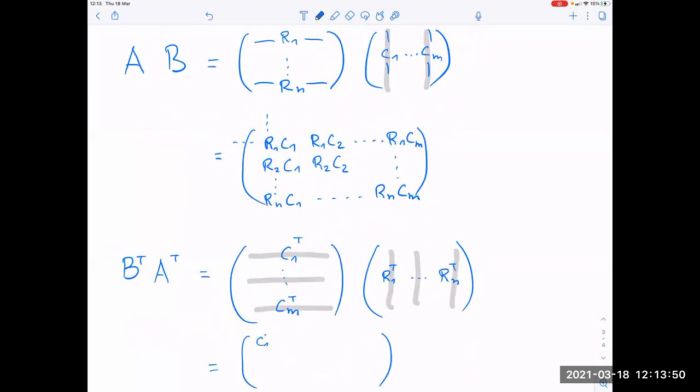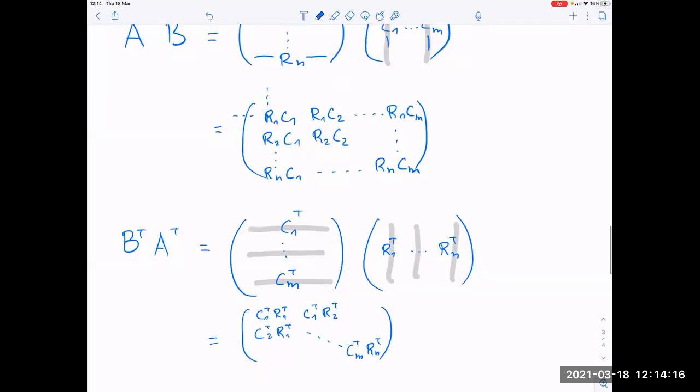And I have C1 transpose R1 transpose, C1 transpose R2 transpose. And for example, here I have C2 transpose R1 transpose. And in the corner, I will have Cm transpose Rn transpose.